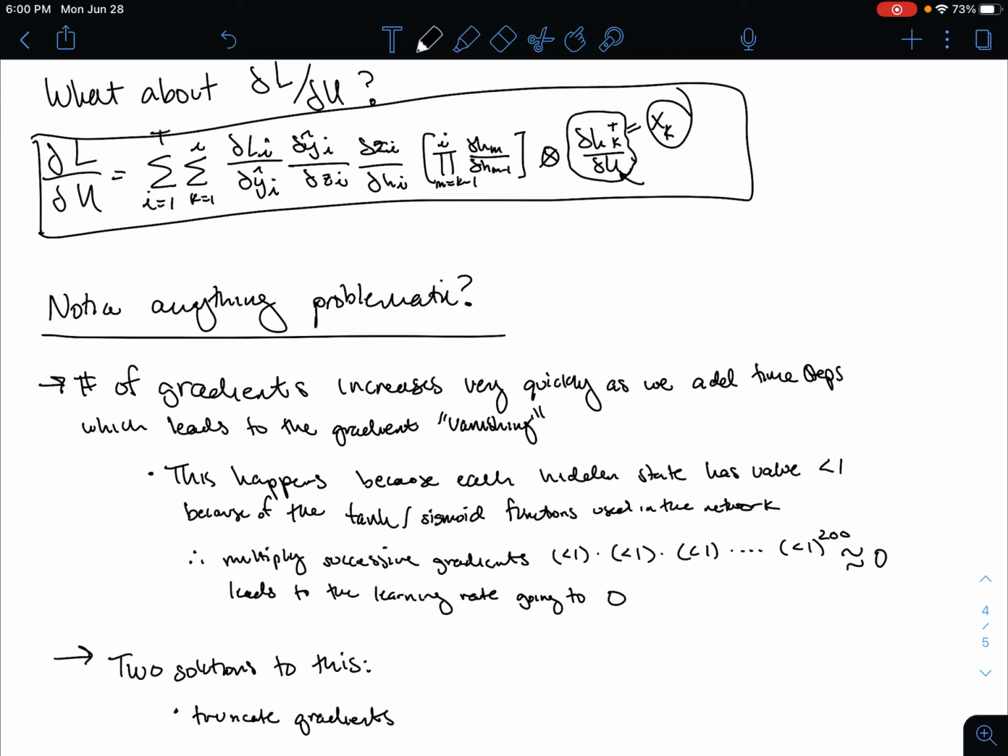You can see that as the gradients multiply, as we get more time steps, this is going to be not only computationally expensive, it's also going to lead to a problem of vanishing gradients, because each of the gradients is less than 1. If you multiply something less than 1 by itself many times, you quickly get to 0.